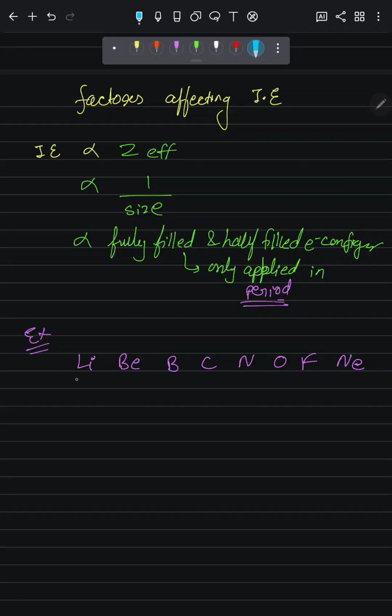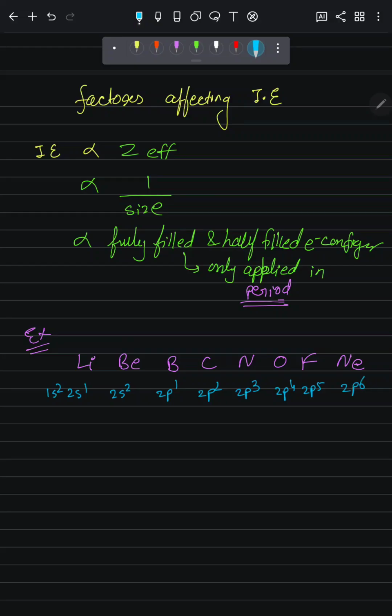To compare this in a period, we need to write their electronic configuration. So it has 1s2 2s1, this has 2s2, this has outermost electronic configuration 2p1, this 2p2, 2p3, 2p4, 2p5 and 2p6.